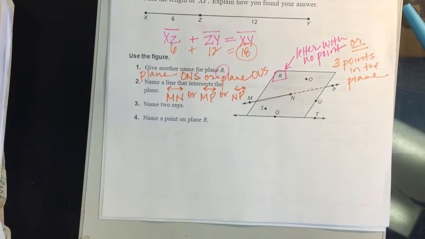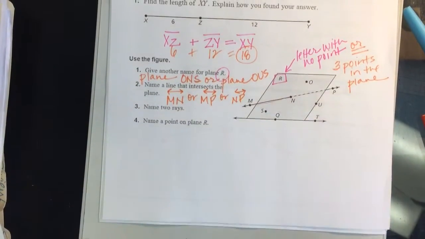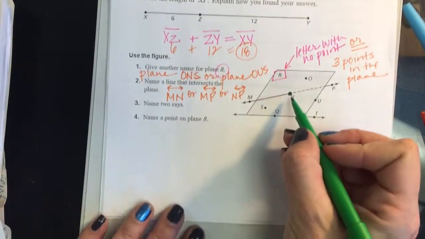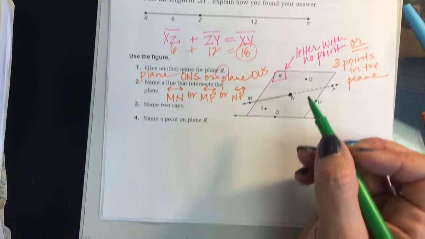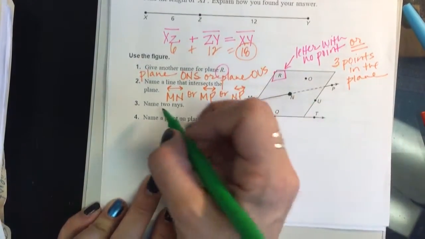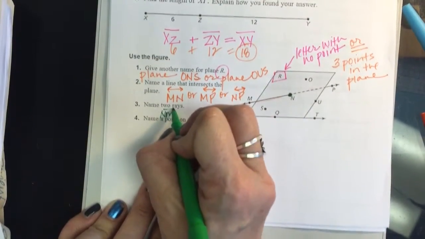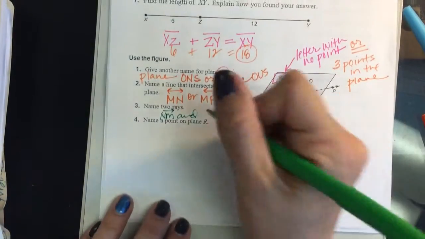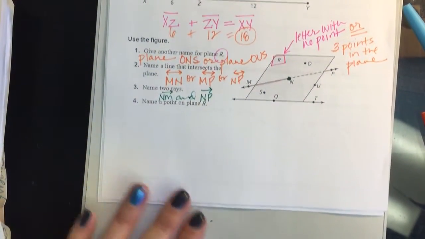Two rays. There's only 2 rays, and they happen to be along that line we were just talking about. The 2 rays start at point N. I think, Dominique, you said something about opposite rays the other day in class. And these guys, the 2 rays that are in this plane, are NM with the correct notation, and NP with the correct notation.